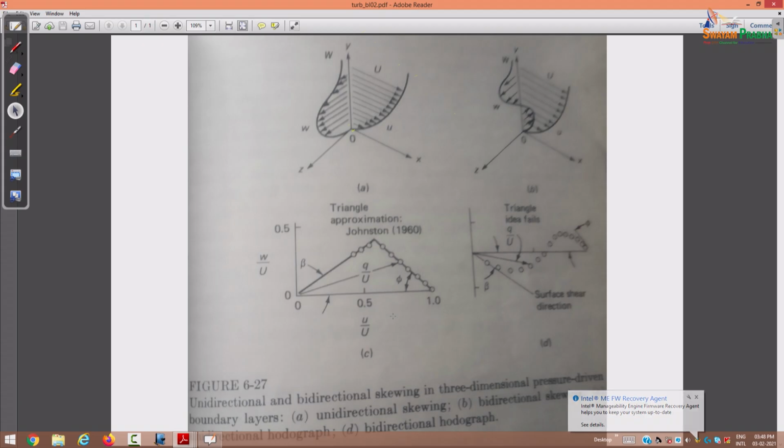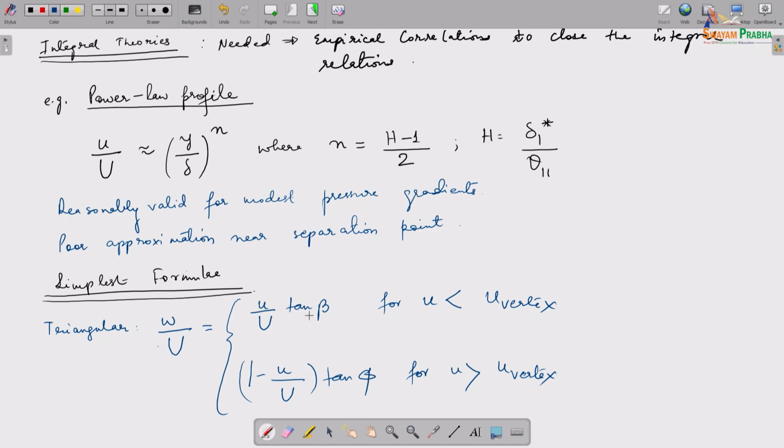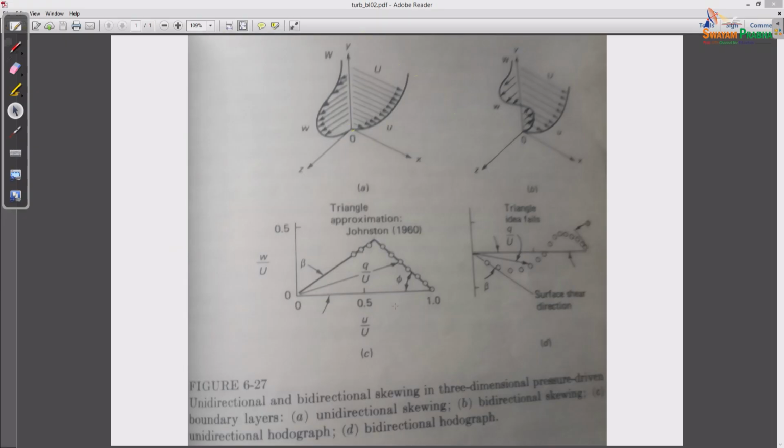So the limiting angle at the wall is beta, and the limiting angle of the free stream is phi. The first part is U by U tan beta, and 1 minus U by U tan phi is for the later part. This is how the triangle approximation looks.